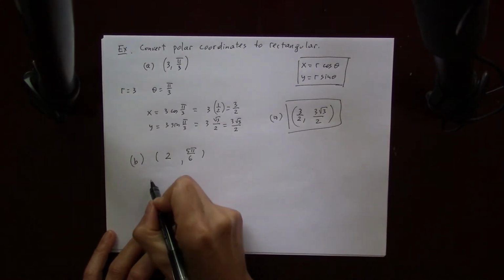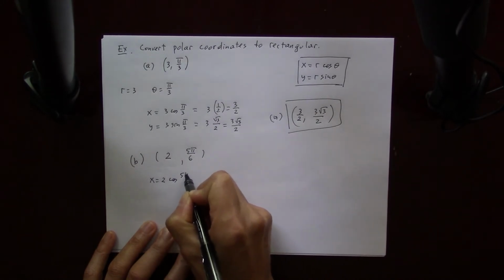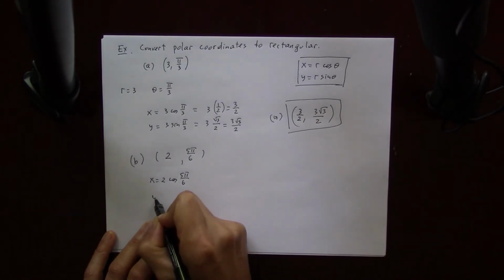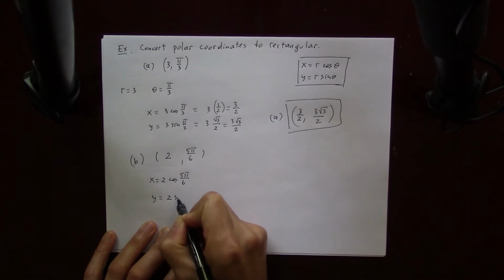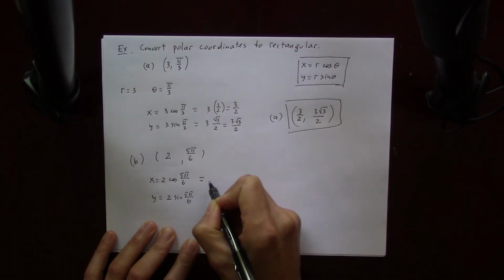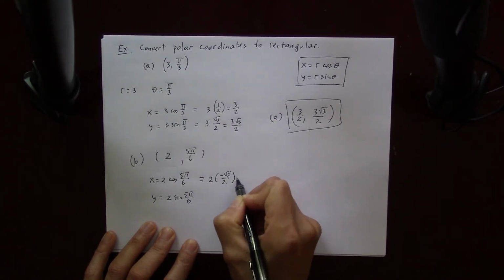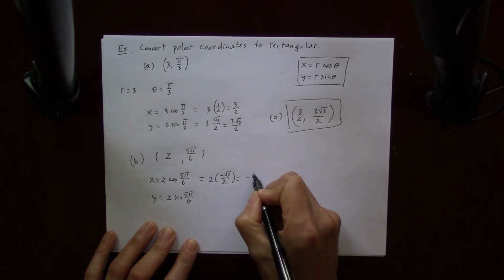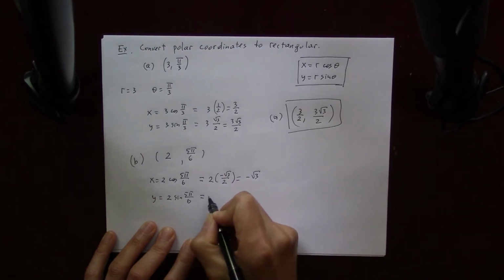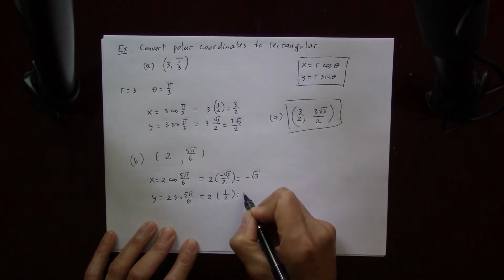So we get x equals 2 cosine of 5 pi over 6, y equals 2 sine 5 pi over 6. So we're going to get 2 times negative square root of 3 over 2, so we get negative root 3. And for y, 2 times 1/2, and we're going to get 1.